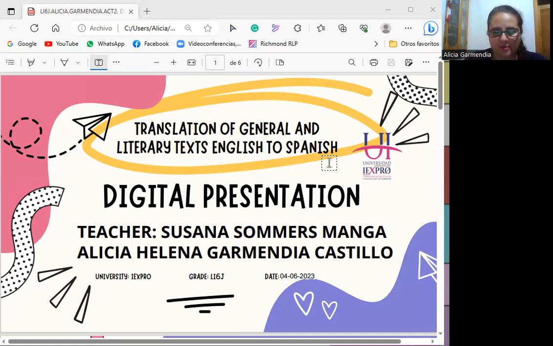That's why many interpreters work in the simultaneous part, because sometimes, as I investigated a little bit, they need to have a partner. So if the interpreter doesn't understand or doesn't listen to all the information, the other interpreter can help to give the correct message.